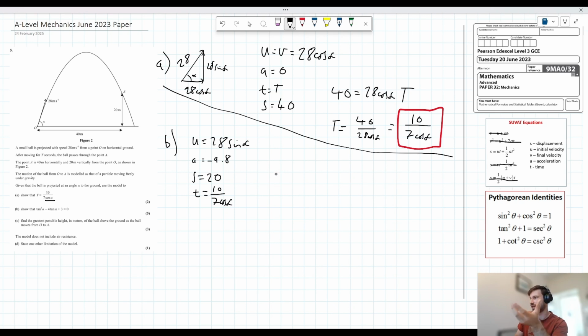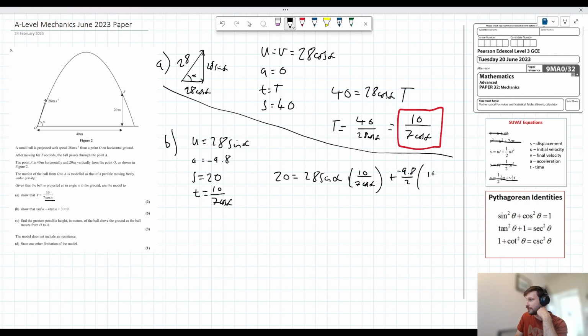So filling in that formula, we can say 20 is equal to 28 sine alpha times t, which here is 10 over 7 cos alpha, plus a half at squared, which in this case is going to be plus a half times minus 9.8 t squared.